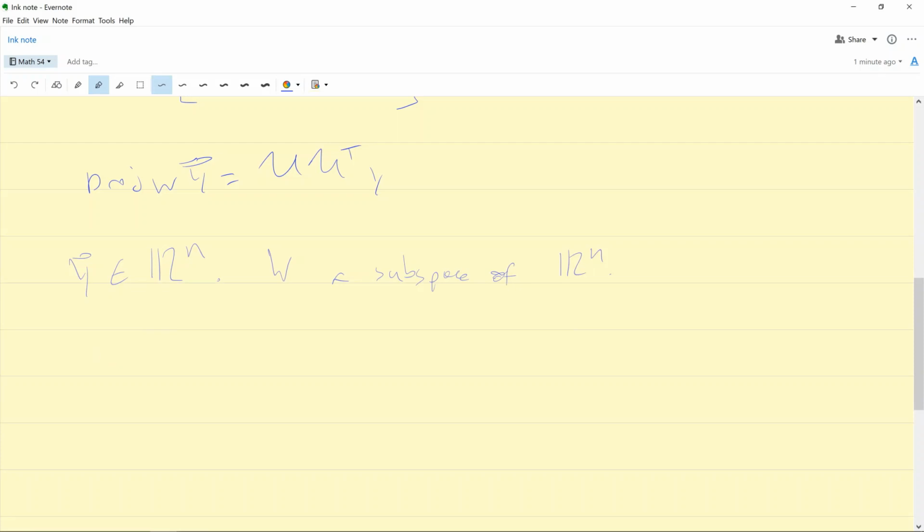What we're going to be able to do is write this vector as a sum of two other vectors: one vector that lies inside W, and another vector that's inside the orthogonal complement of W. And this vector y hat is just given by that formula up above. Y hat is going to be the projection onto the subspace because it lies inside the subspace.